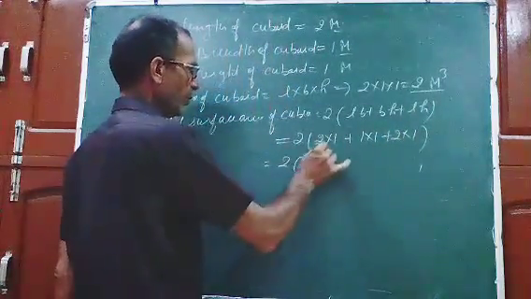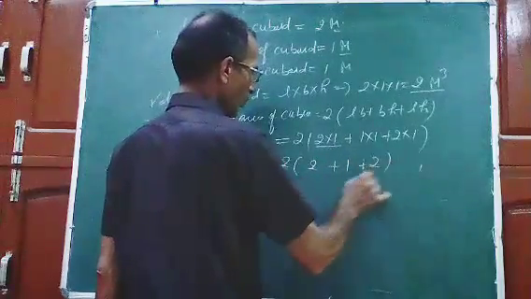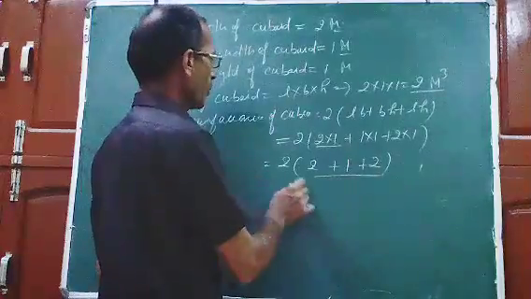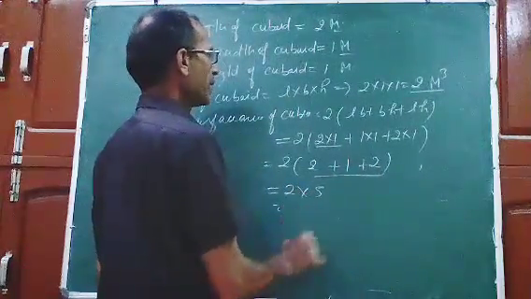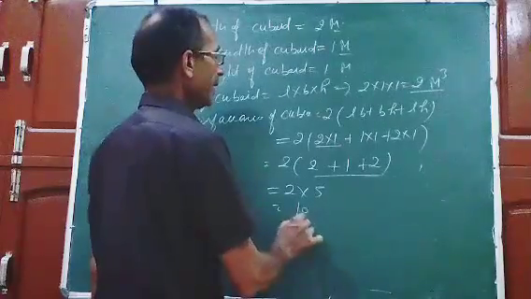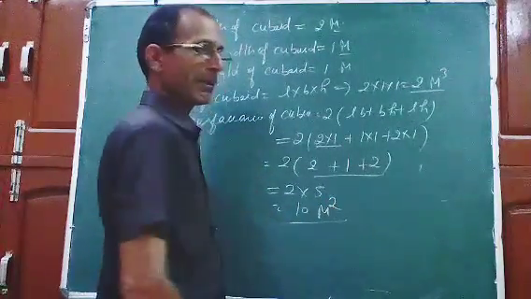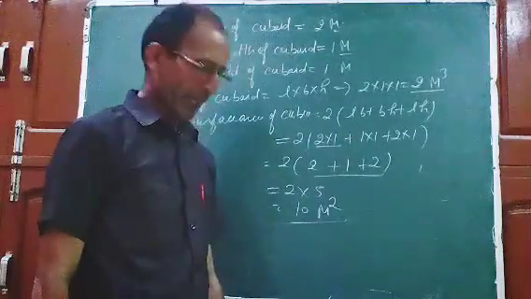So 2 into (2 plus 1 plus 2). So 2 plus 1, 3, 3 and 2, 5. So 2 multiplied by 5. So it will be 10 square meter. So this is the total surface area of a cuboid.